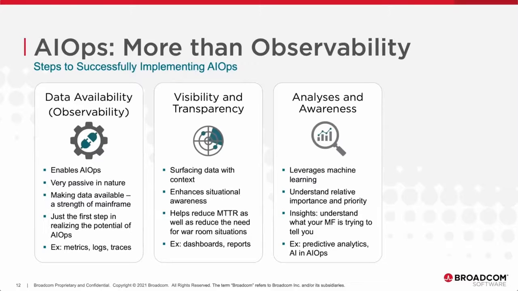If that goes red, I know I'm going to have a problem in my networking, or I know I'm going to be having a problem on the system performance of this specific box because it's going to spike my CP utilization rates. But most importantly, being able to provide insights that tie the data together, to tie the data that we're making available and surfacing up with context more understandable in terms of the relationship to each other, but also actually allowing us to take that first step to proactive operations in the form of predictive analytics.